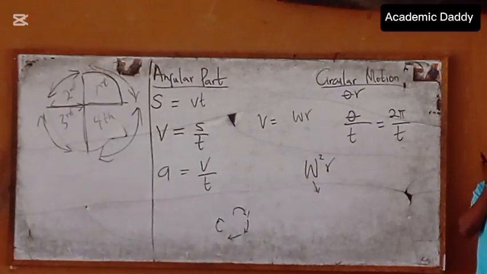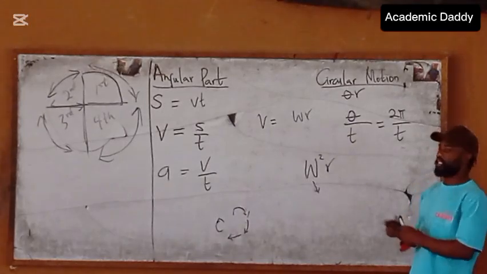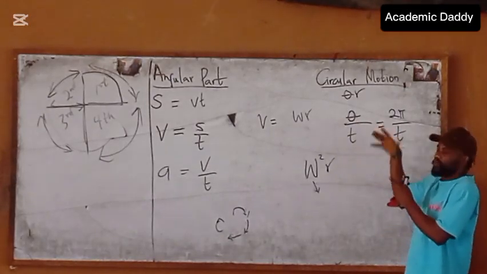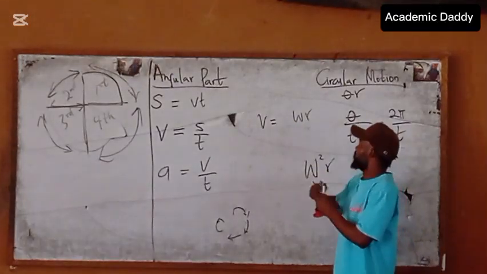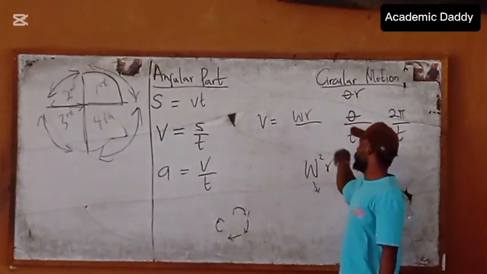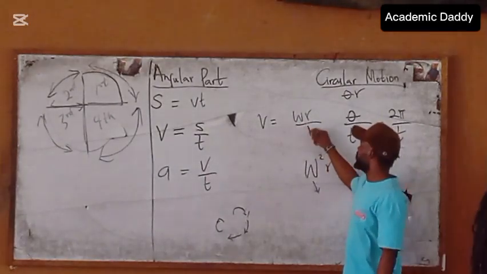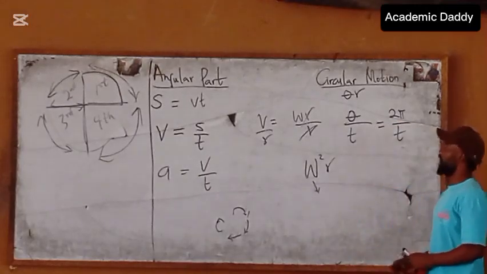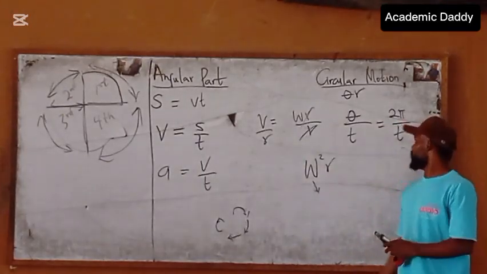Is it true? So from here we can actually, okay, see what you just need to understand is that in the circular part, we are adding a bit of the linear and the circular together. Yes, we are putting it together so that we now have v divided by ω, or by r, so that ω is the circular formula. We now have r cancel r. So ω is equal to v over r.